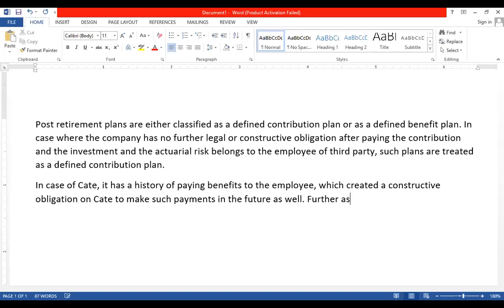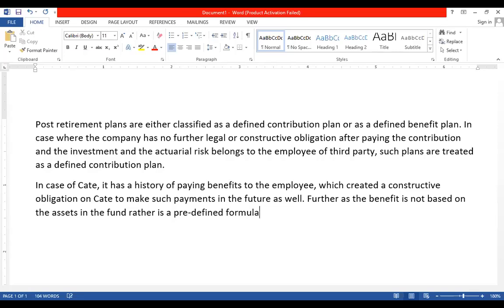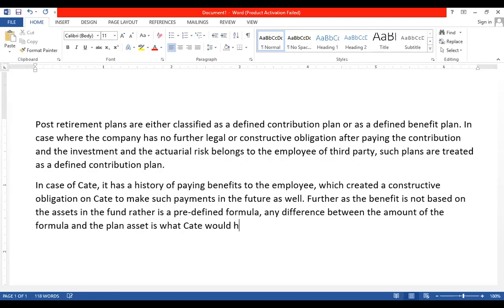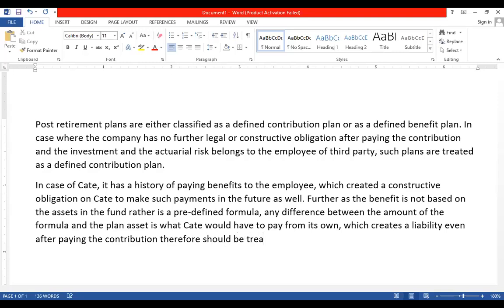Further, as the benefit is not based on the assets in the fund, rather is a predefined formula, any difference between the amount of the formula and the plan asset is what Kate would have to pay from its own, which creates a liability even after paying the contribution. Therefore, it should be treated as a defined benefit plan.